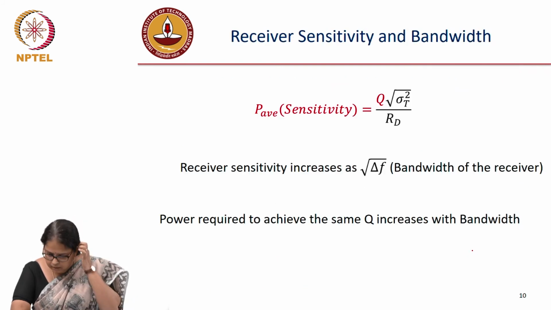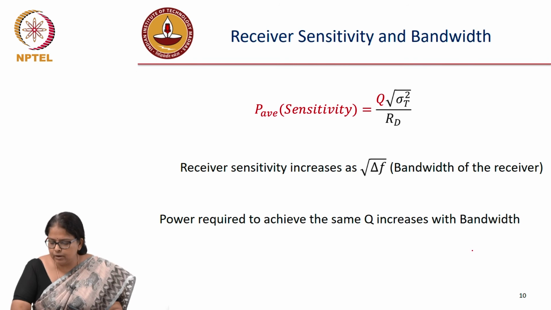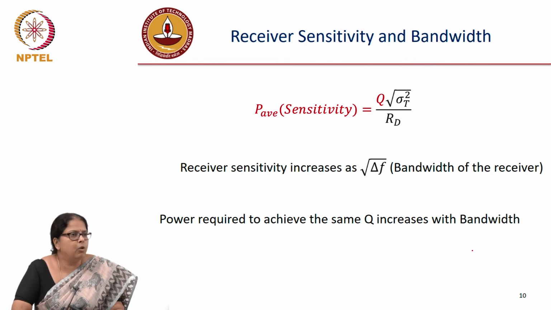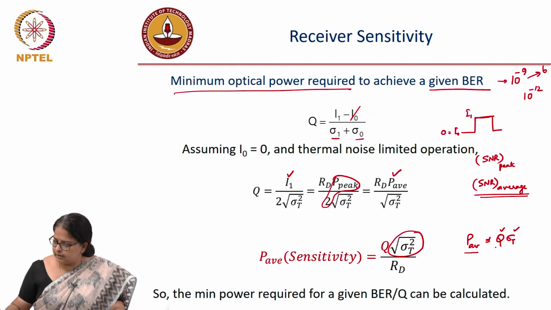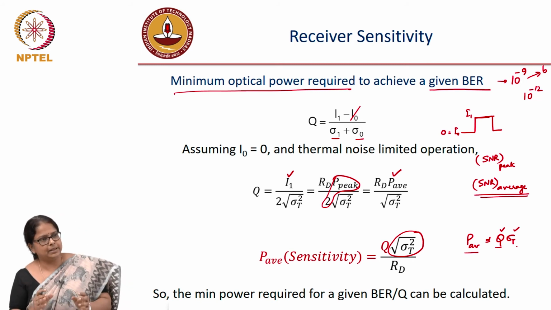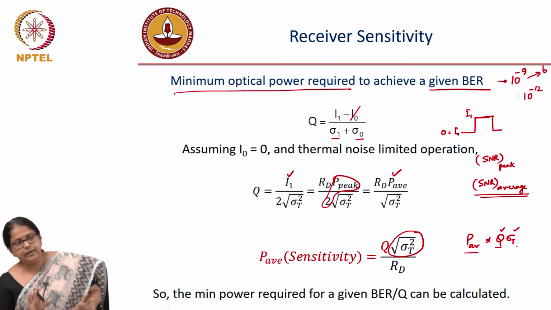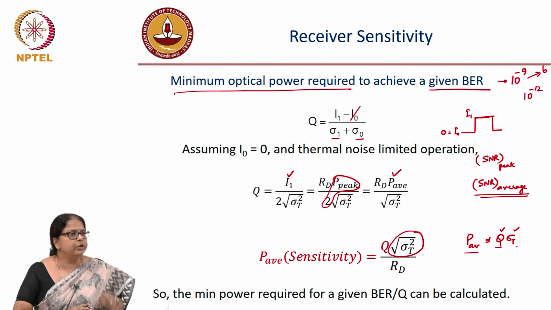Now one more thing we need to remember is there is no holy number for receiver sensitivity, simply because this number that we will calculate, Q and sigma T, is not a given number for a receiver. It's going to change with your requirement.